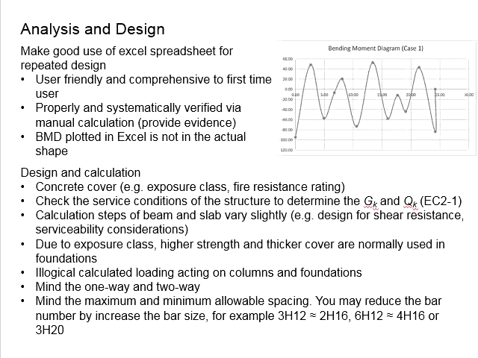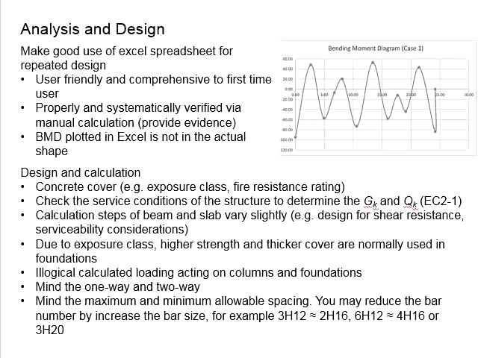There is a way for you to increase the spacing between the reinforcement bars, which is by increasing the bar size while reducing the number of bars. If you check the tables for the areas of reinforcement bars, 3H12 will have more or less equal area to 2H16.